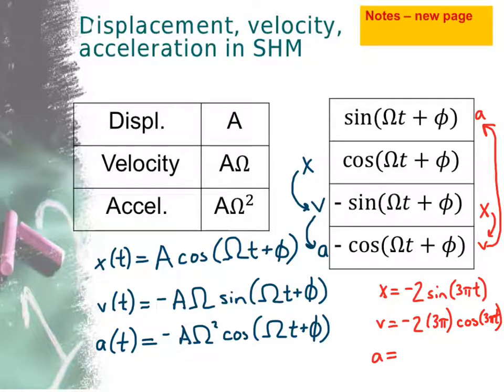So my coefficient is going to be 2 times 3 pi squared. And remember that now my sign is positive, which is why I lost the negative sign right there, because now I'm dealing with a positive sine graph, not a negative sine graph. Okay, so that's how you can quickly switch between displacement, velocity, and acceleration when you're dealing with simple harmonic motion.